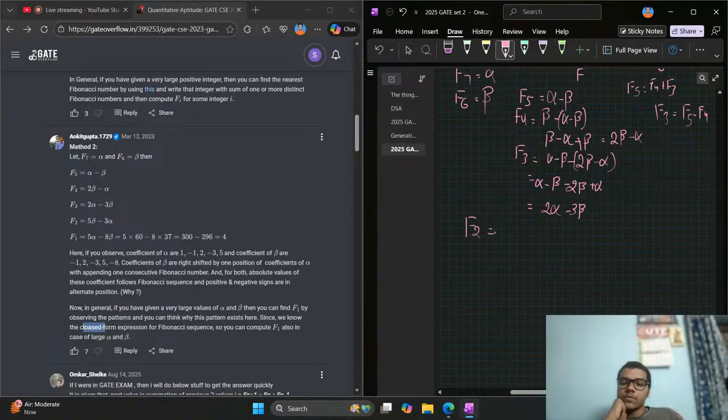Similarly, F2. What will you get for F2? F4 is equal to F3 plus F2. So F2 will be F4 minus F3.